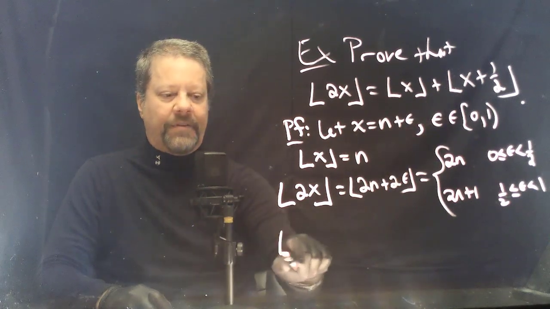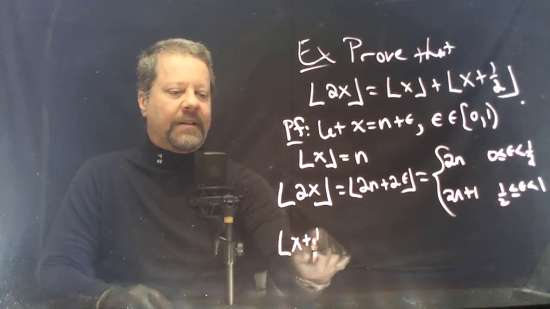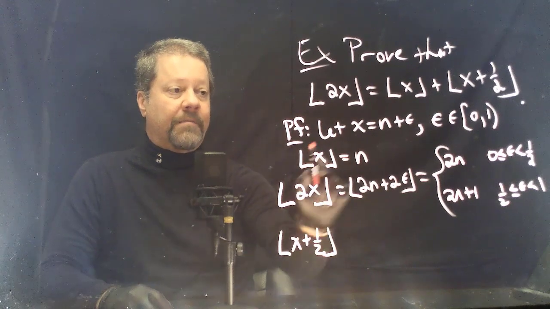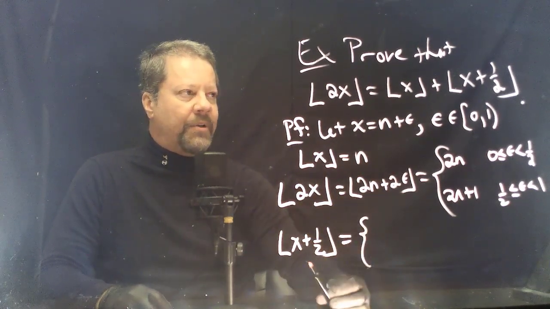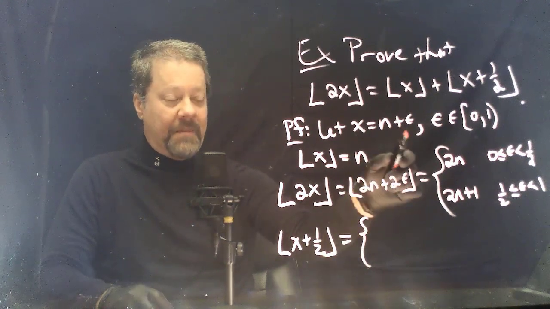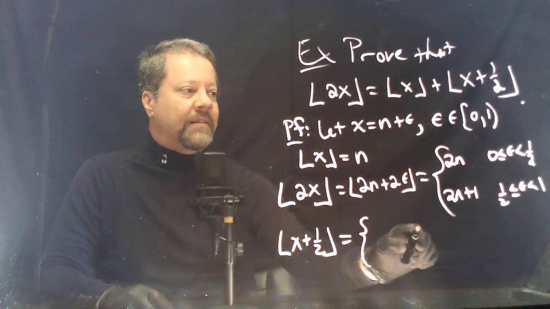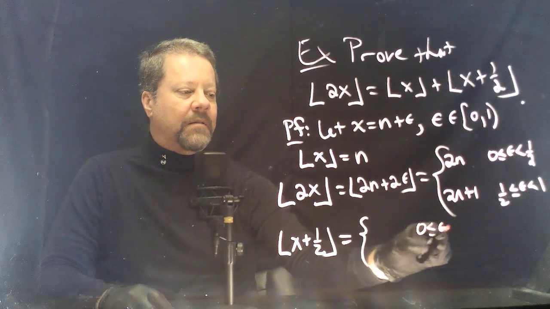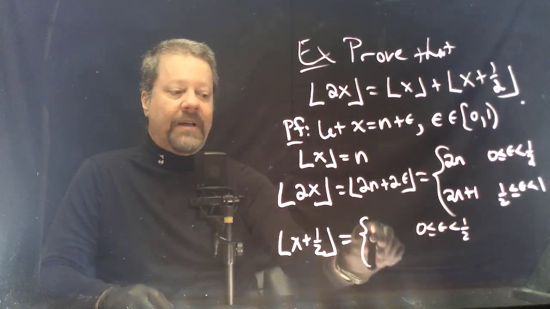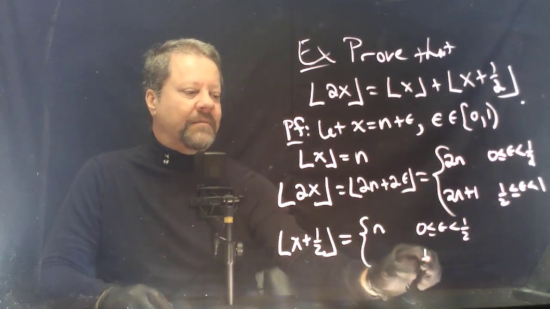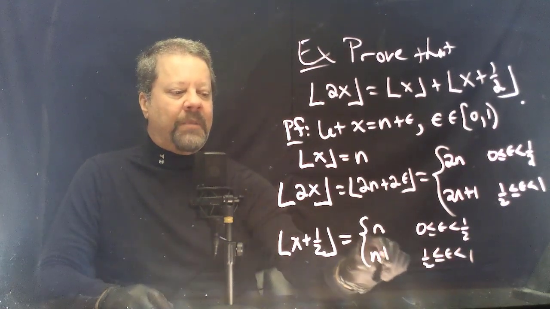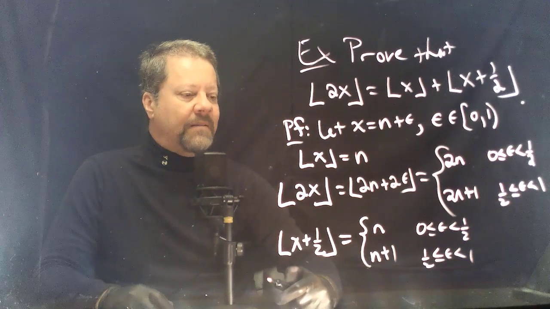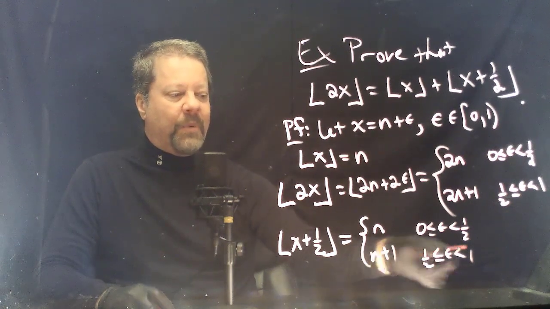Let's look at the floor function of x plus 1/2 for this x. What you get depends upon what this epsilon is again. You're going to output n, but you'll output n plus 1 if epsilon is between 1/2 and 1.